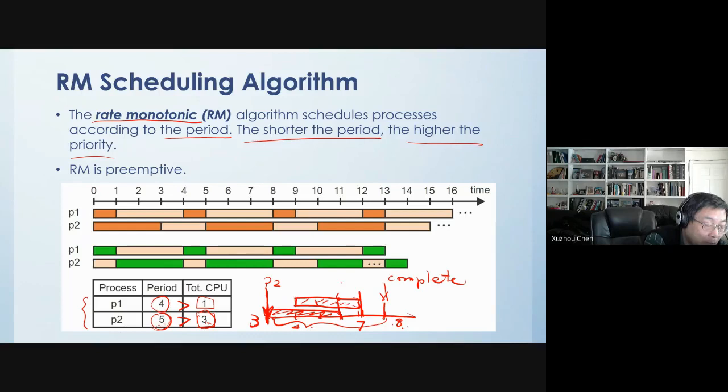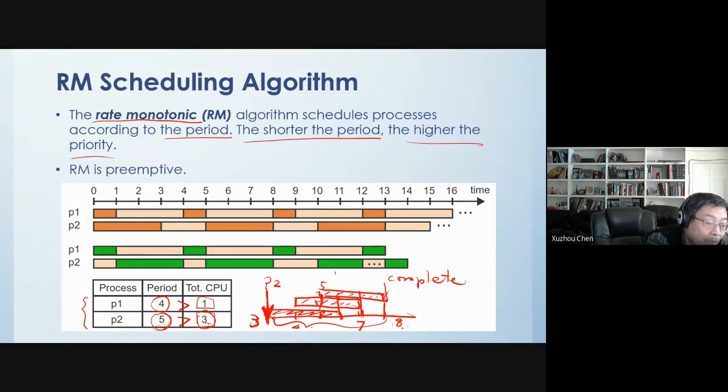Okay, it's still okay. Now say at time 3, I request the CPU, and I get the CPU at time 5, which is still okay because if you start at time 5, you can still barely meet the deadline.